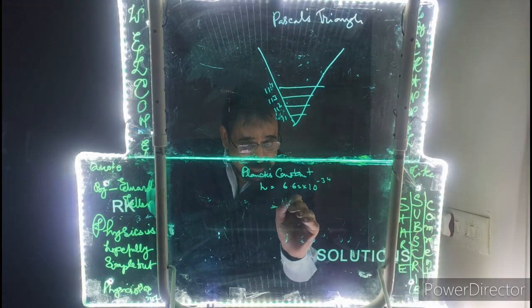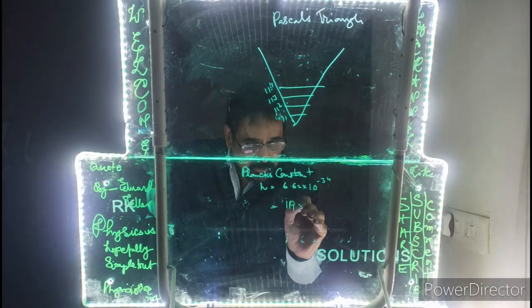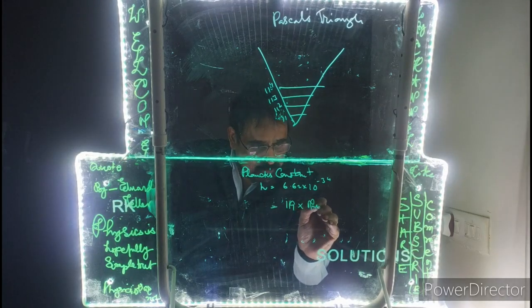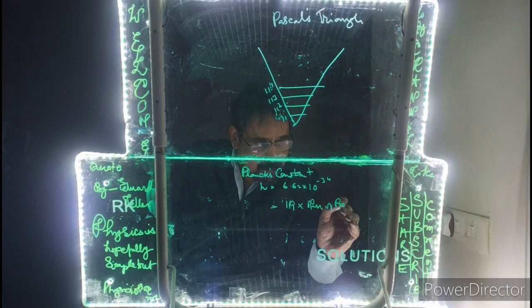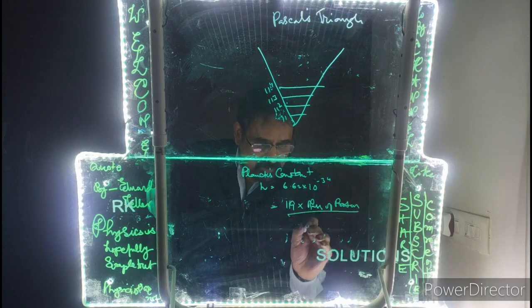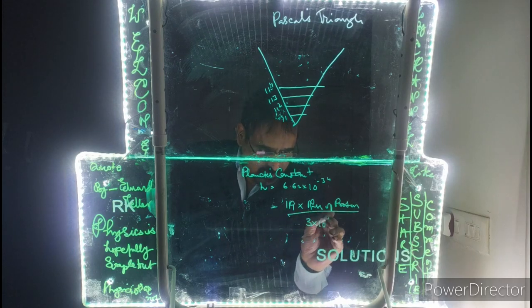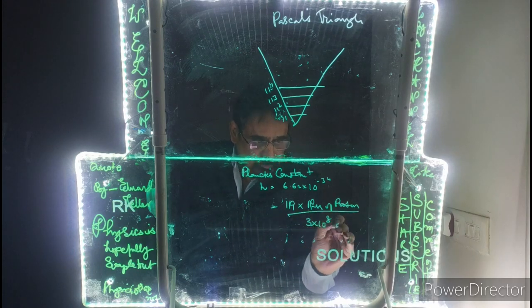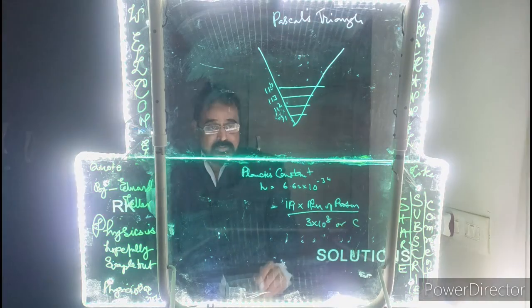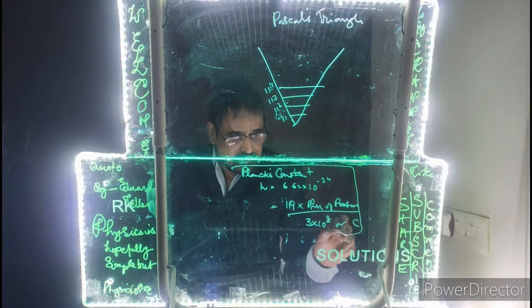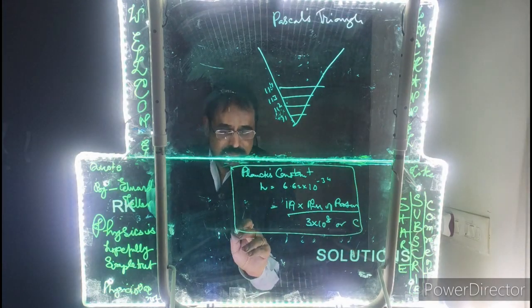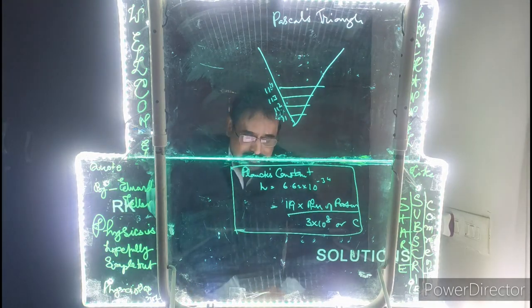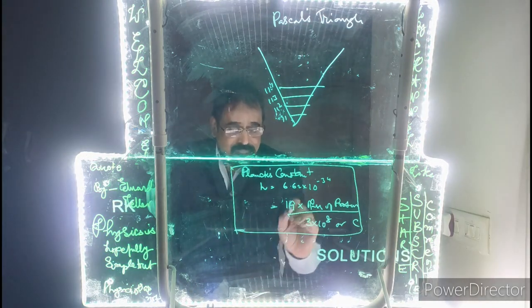This is actually, if you compute, the mass of proton divided by 3 into 10 raised to 8, the c. I found this long back, and it's a very useful observation in my opinion.